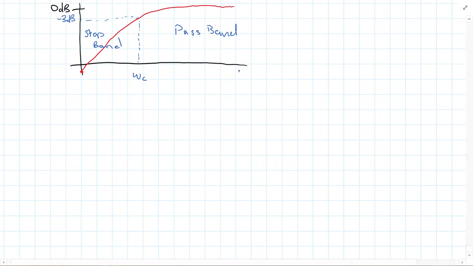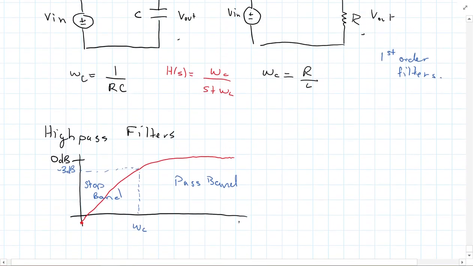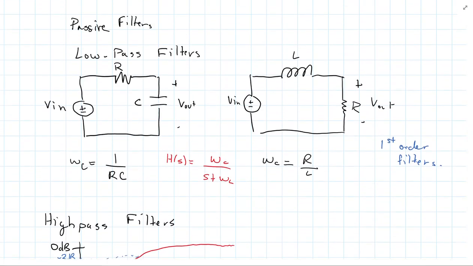Okay, so that's what we're going to be looking at. Pretty basic concept, of course, but we want to have a circuit that does this. If we go back to our low-pass circuits, that can give us an indication on how to build one. If I have the capacitor here and I'm getting a low-pass filter using it as a V out, what happens if I just switch the roles of the capacitor and resistor?